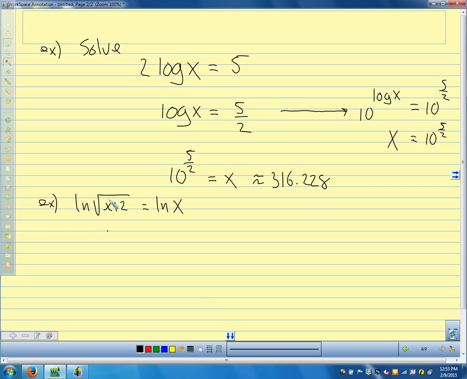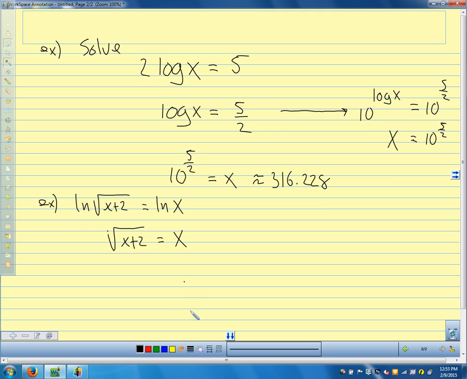We have a logarithm, same base on each side. So we're using the one-to-one property. Natural log of x equals the natural log of y only if x equals y. So square root of x plus 2 equals x, using the one-to-one property.